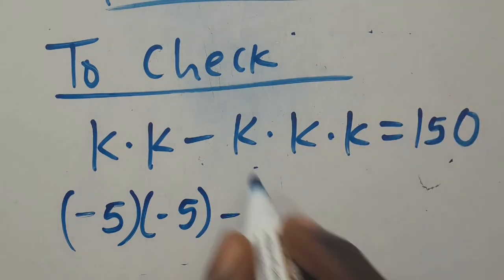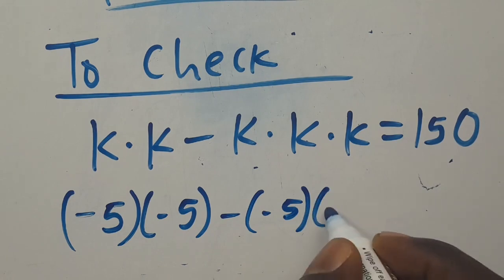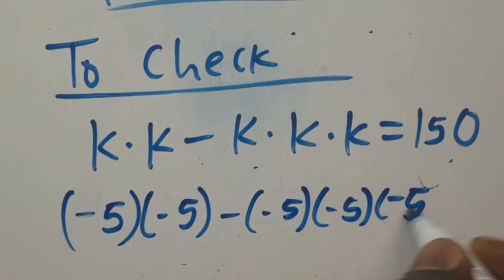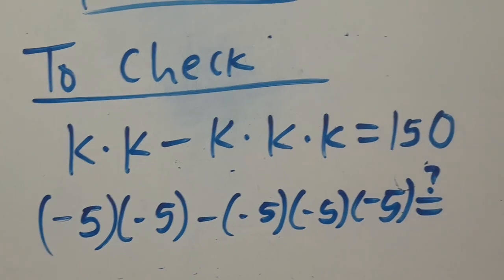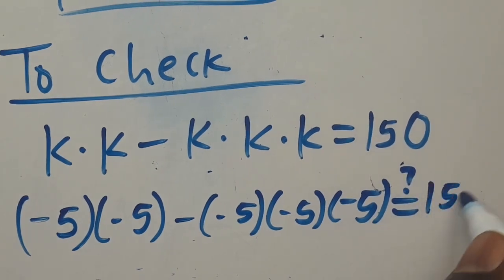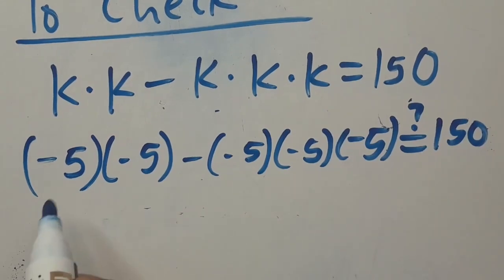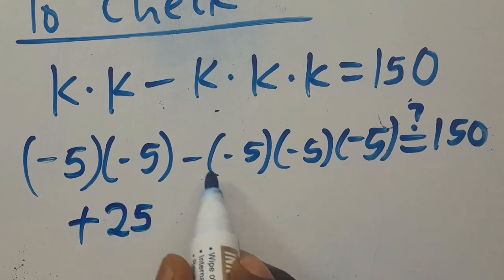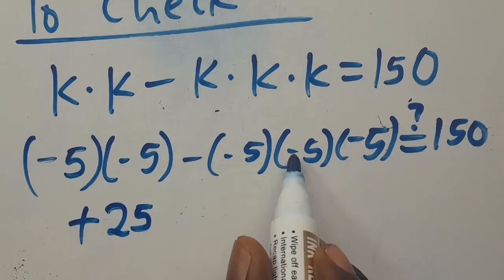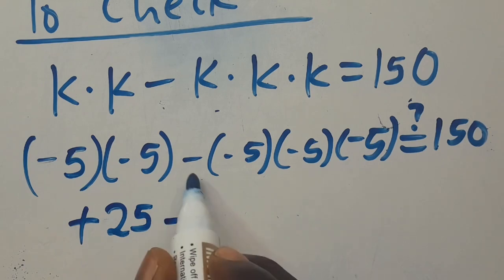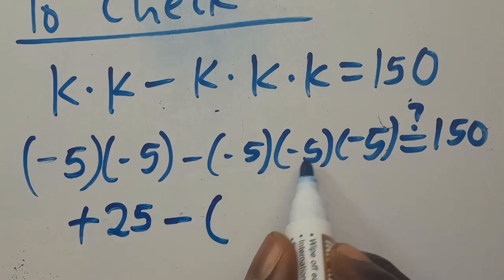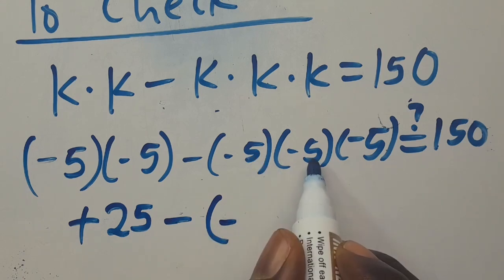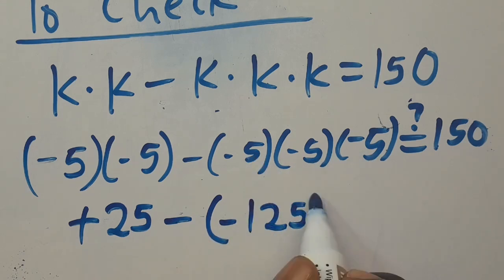Then we have here to be minus outside, minus 5, minus 5, minus 5. Then the question is, is it going to give us 150? Then from here, minus times minus will be plus. 5 times 5 will have 25. Minus times minus will be plus, times minus will be minus. Remember, we have minus outside. 5 times 5 is 25. Multiplied by this, we have it to be 125.